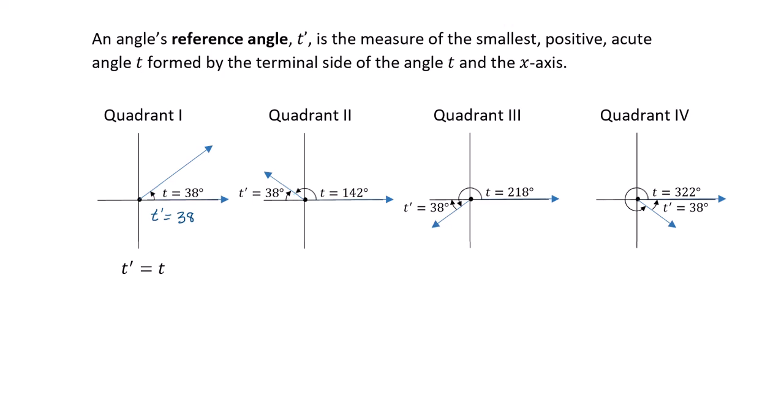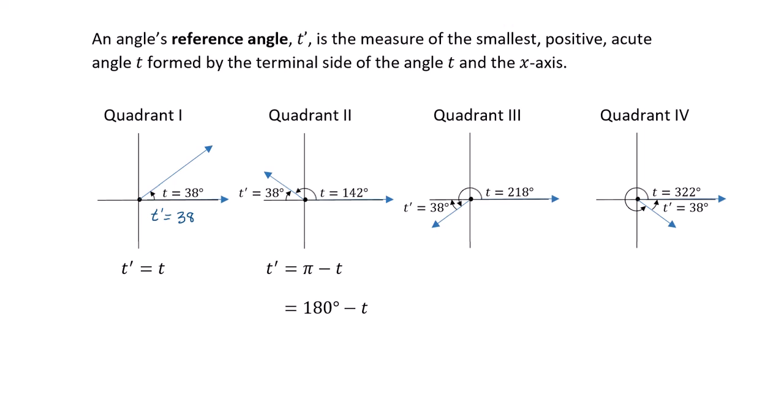So it turns out that T prime is equal to pi minus T, or 180 degrees minus T if we're working in degrees.